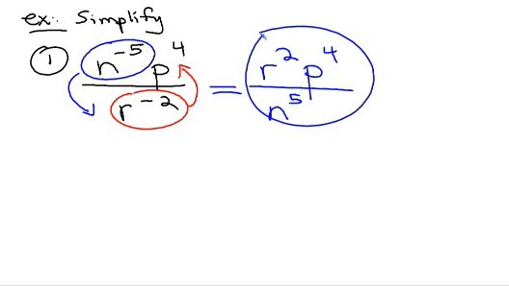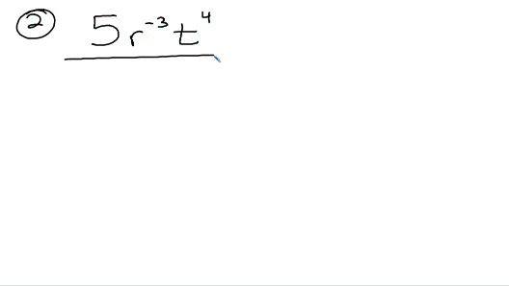Let's do one more. A little bit longer problem. Has a few more steps involved. Let's say that we have this expression. 5r to the negative third, t to the fourth, all over negative 20, r to the second, t to the seventh, u to the negative fifth.